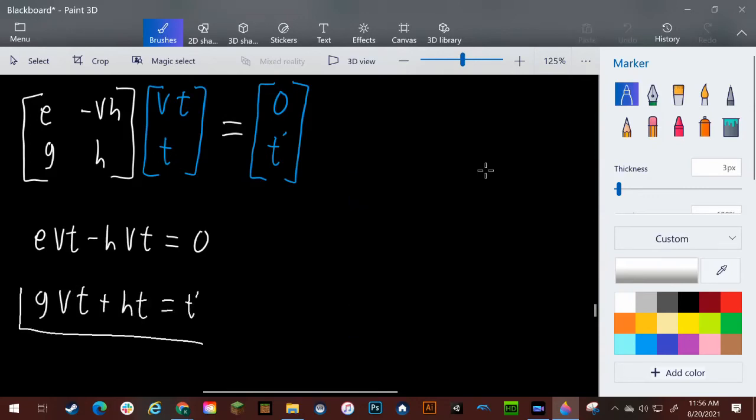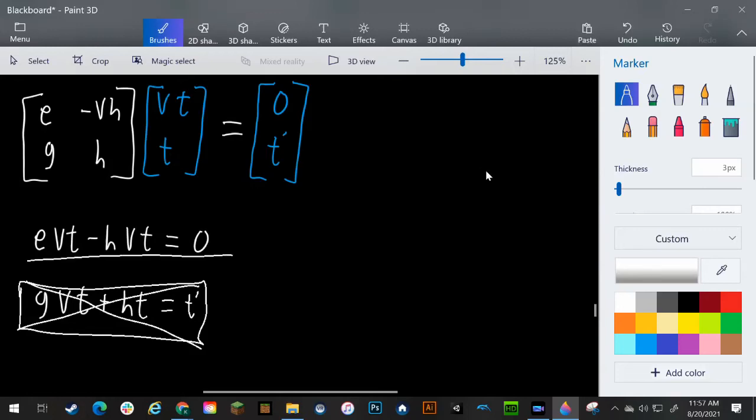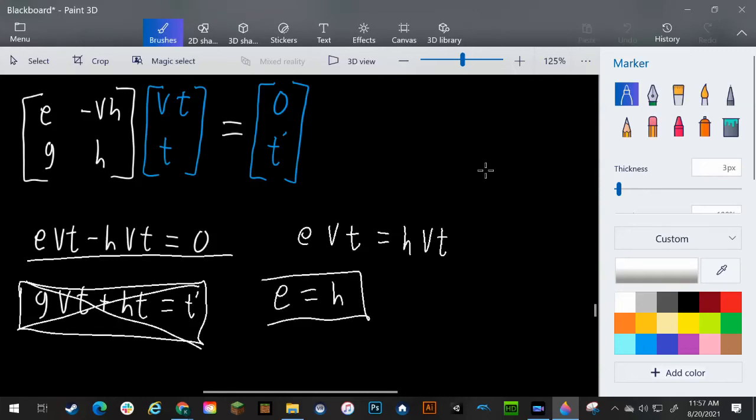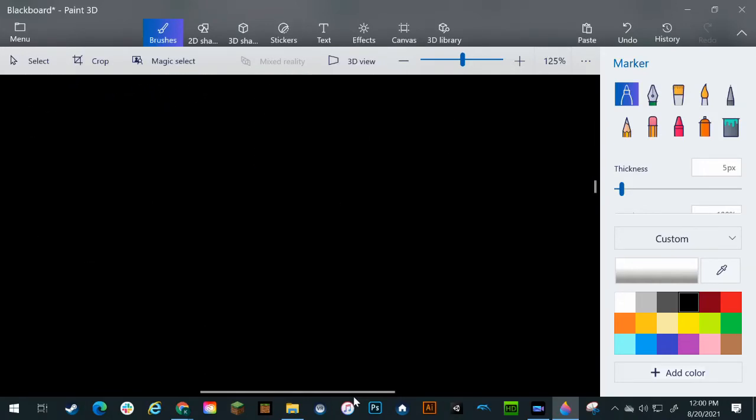Here, equation 2 gives us a definition for t prime in this specific situation, but this won't really be useful for us because we don't have anywhere to substitute t prime. So we'll just focus on equation 1. I'm going to move hvt to the other side, and we can just divide both sides by vt, and we get e equals h. And then writing our matrix with this new information.